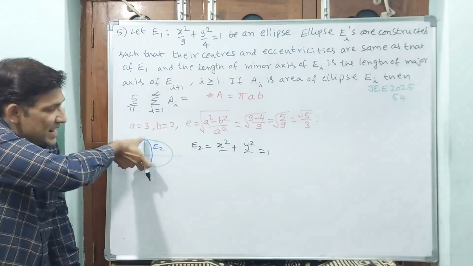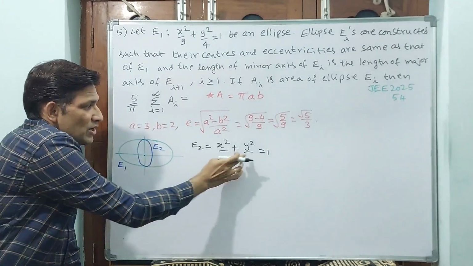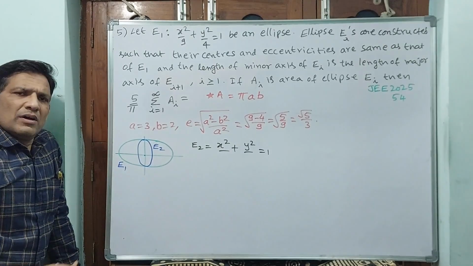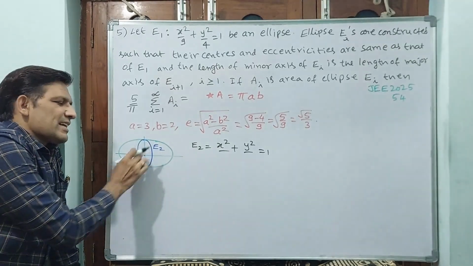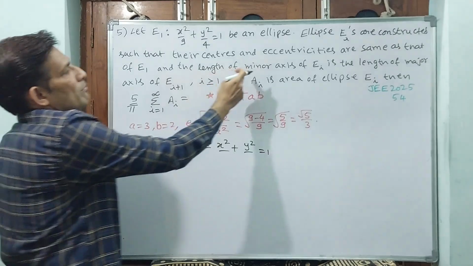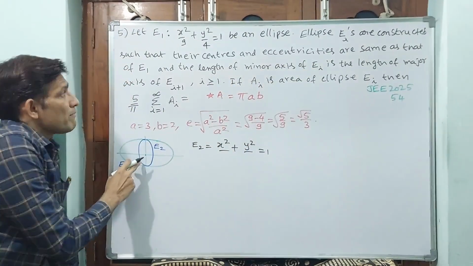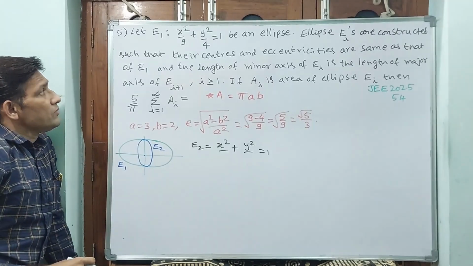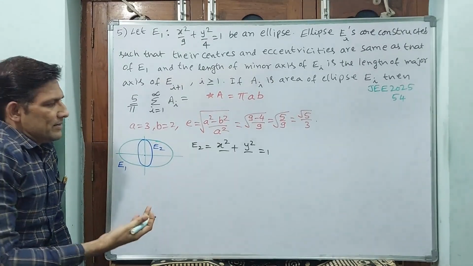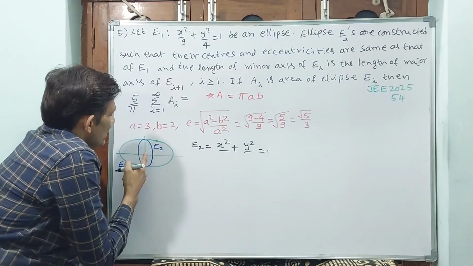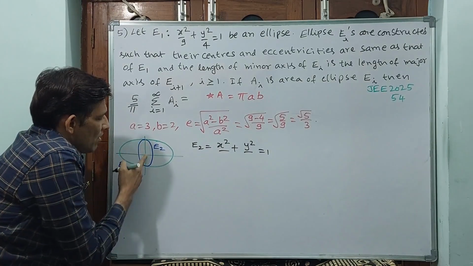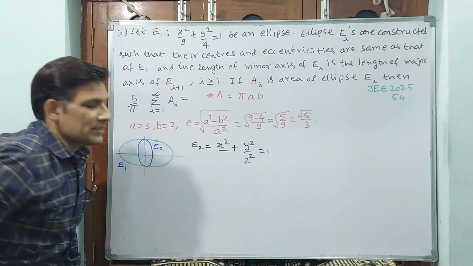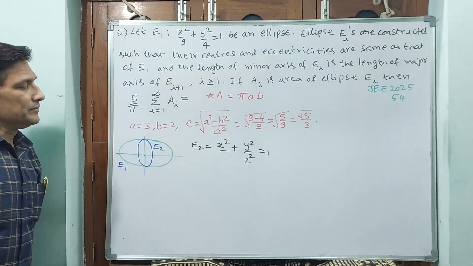For E2 the major axis is on the y axis. That means here the major axis is equal to the length of the minor axis of E1, which is 2 square. So on the y axis, 2 square will be there. Do you accept this? Definitely you have to accept it.